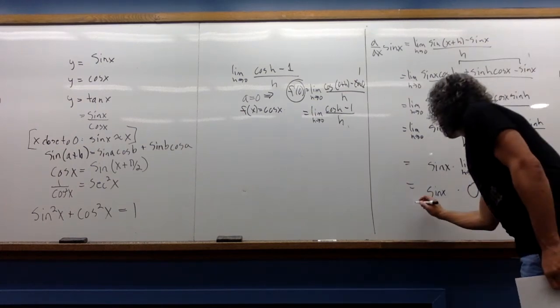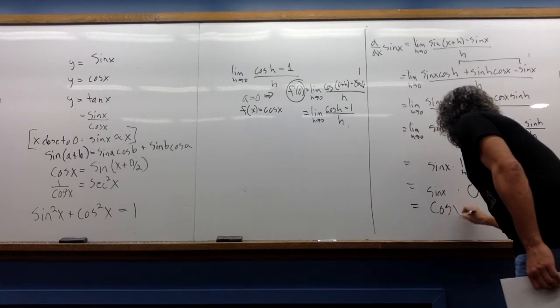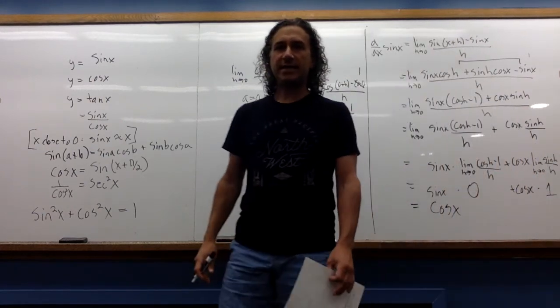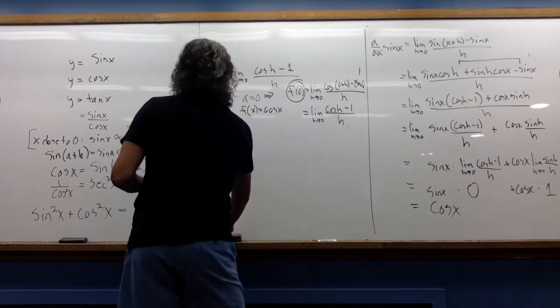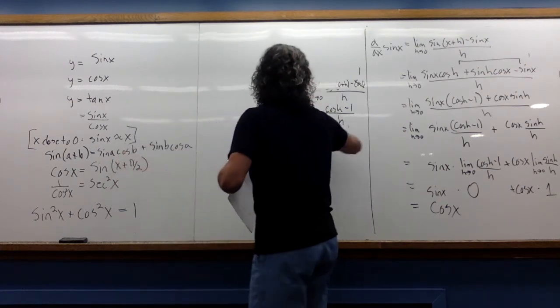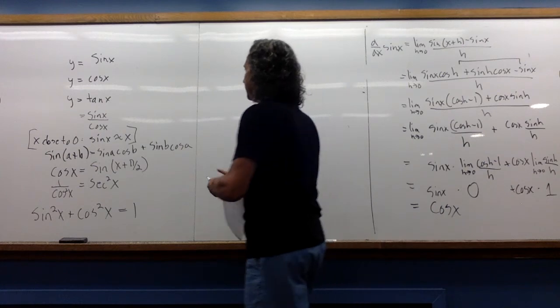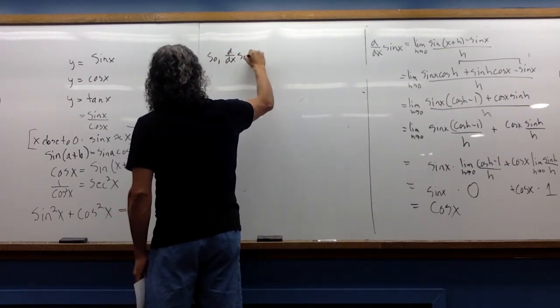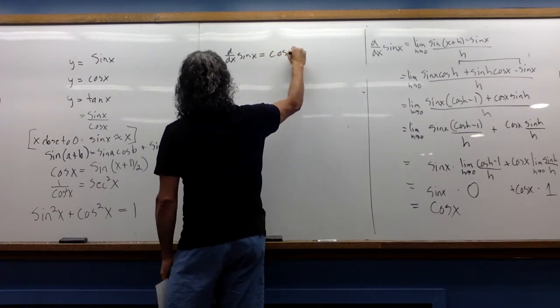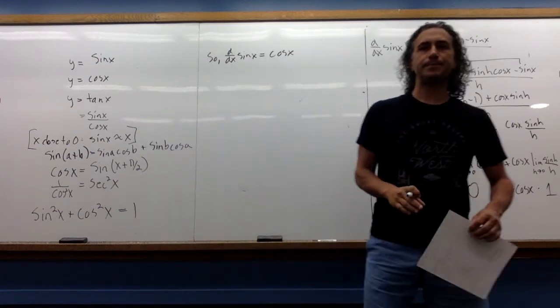So now this becomes cosine of x because that first piece disappears. There's something poetic about this. The derivative of sine of x is cosine of x. Beautiful.